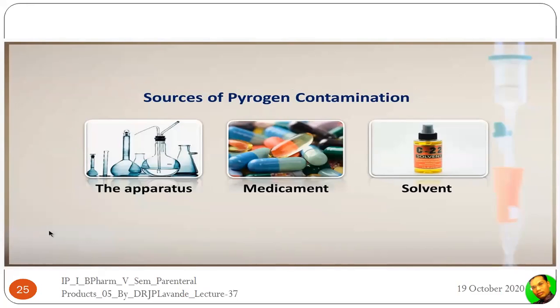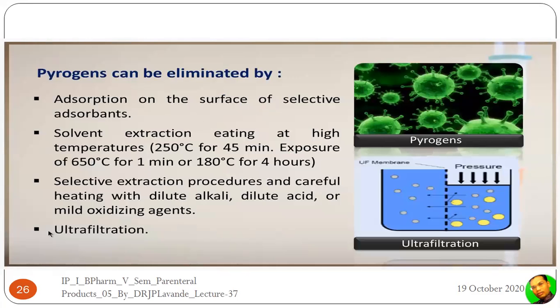That's why it has been said that we should keep everything in sterile condition, and not only sterile but also free from pyrogens, because once the pyrogens contaminate, they cannot even be removed through the process of filtration. So it is very necessary to take care at each and every stage.